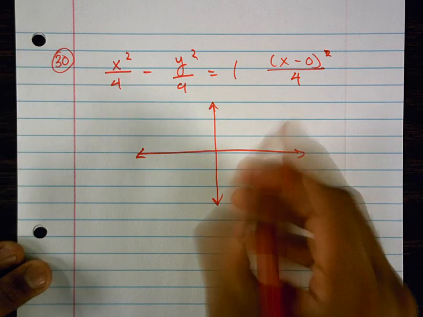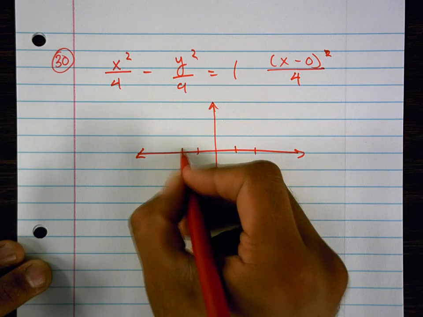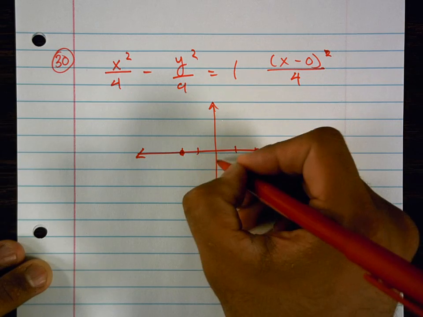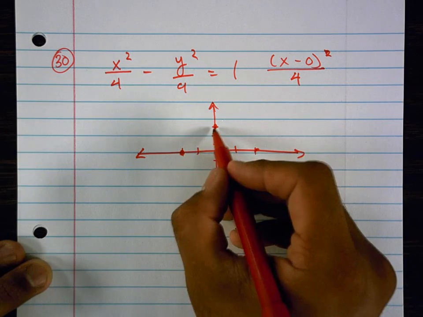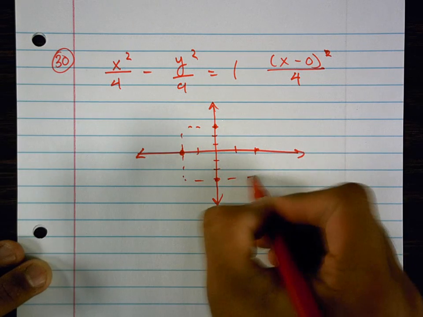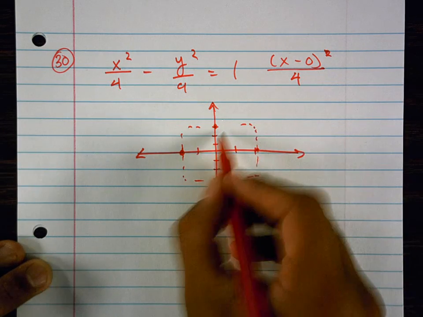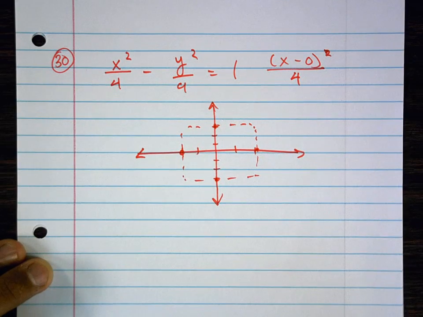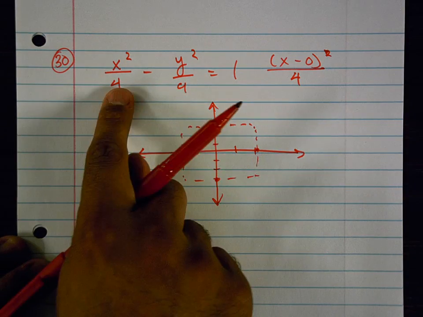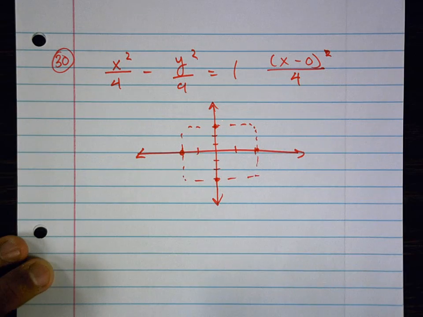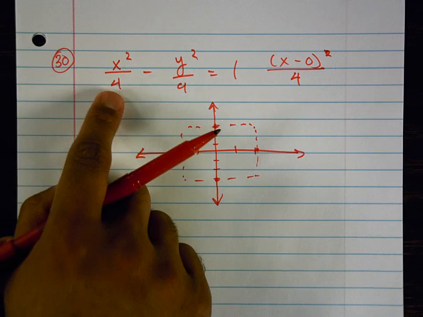So in the x direction we go 2. In the y direction we go 3, taking the square root of 9. And then you would draw your box in, right? So when it comes to an ellipse, the vertices are whichever one of these values are bigger, b squared or a squared, right? With hyperbola, that's not true. With hyperbola, it's whichever one comes first.